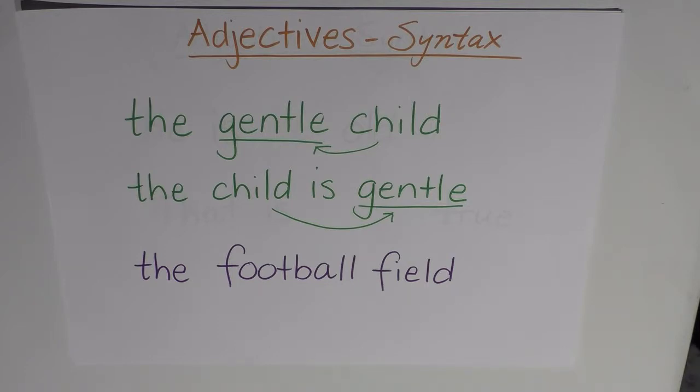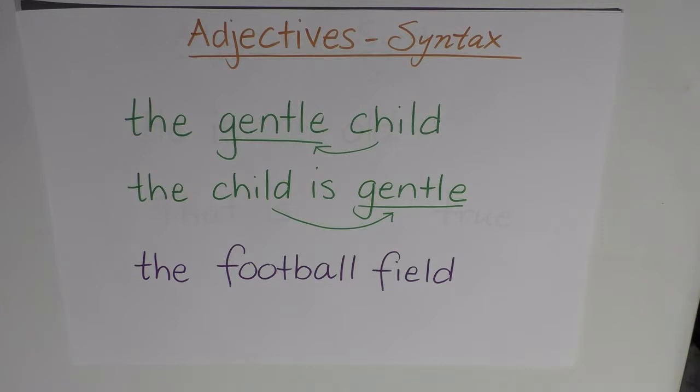Now you have to be careful though, because sometimes, such as in the football field, where it looks like it's an adjective, it's not actually an adjective. So, for example, if we look at the word football outside of its syntactic parameters, it behaves like a noun and not an adjective. For example, it takes an S, as in one football, two footballs, and it's not gradable, as in football, he is more footballer, he is the footballist. I mean, there is a footballer, but that's a person, another noun.